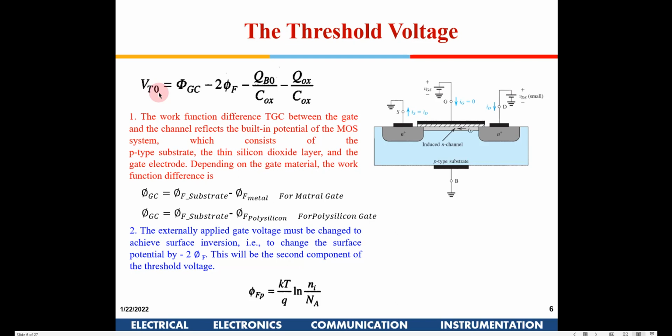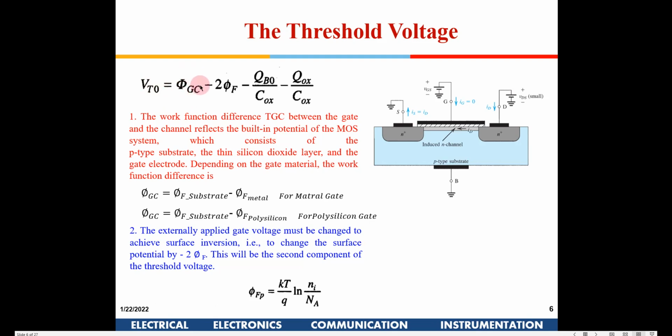So we have aluminum for the N type, and for the P type we have molybdenum. A lot of metals like tungsten are also used, so you have low VT devices, high VT devices and so on.